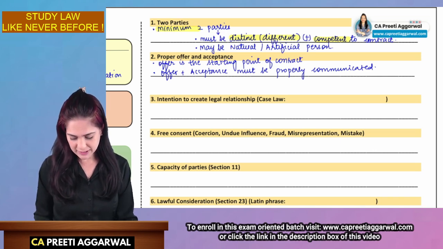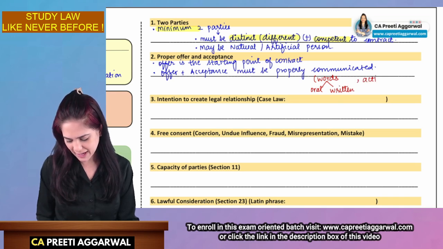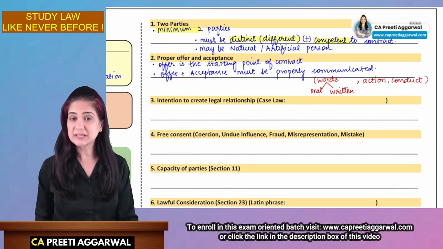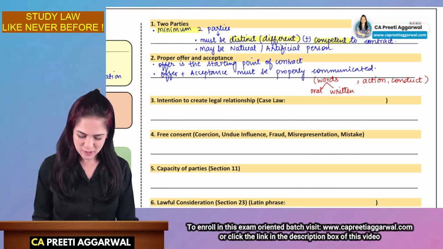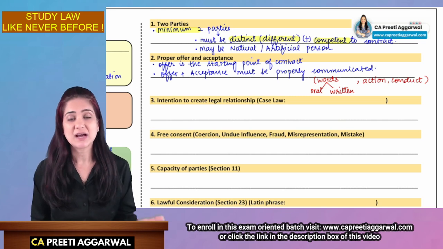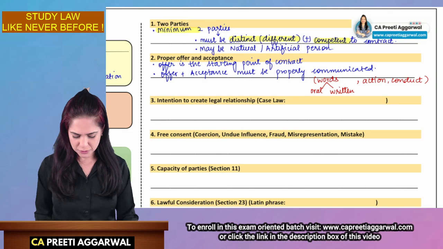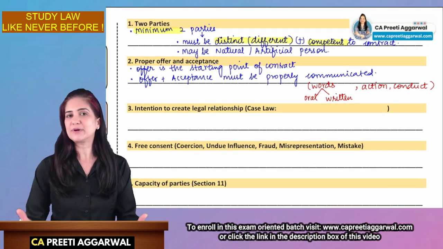Communication may be either in words, oral or written, or it may be by action, that is, conduct of the parties. This is nothing but implied. So communication may be oral, writing, via letters, email, fax. It may be implied from our action. So in short, we are going to write everything and then you can elaborate that in the exam.